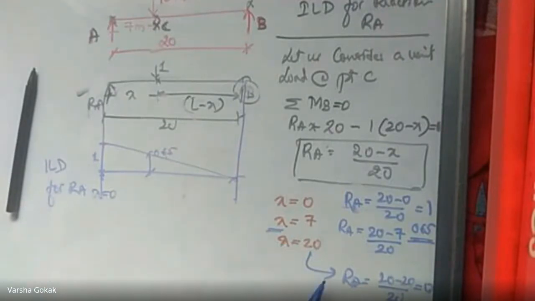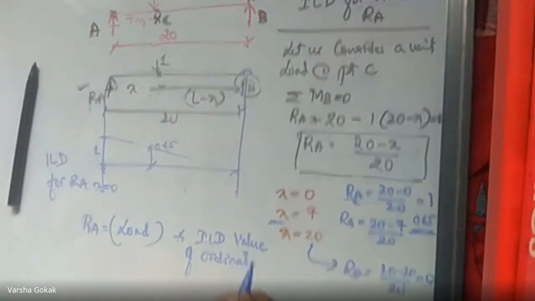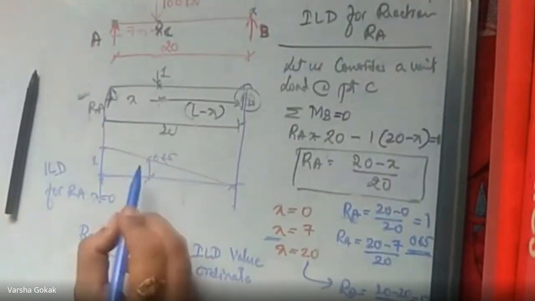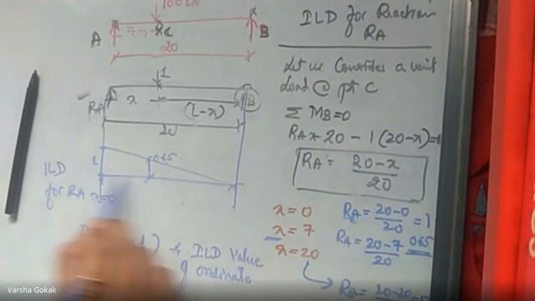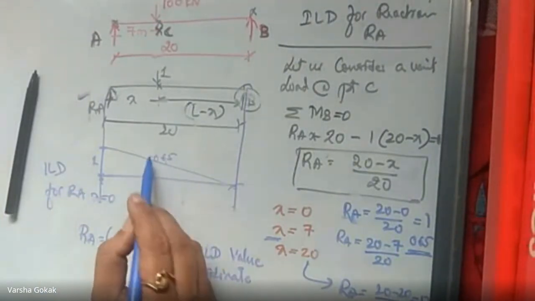Okay. And from this, if I want to now calculate the actual reaction RA, formula is the load into the ILD value, okay, of ordinate. What is ordinate? Ordinate means this distance. Abscissa is your X values. X values are always your abscissa values and ordinates are your Y values.